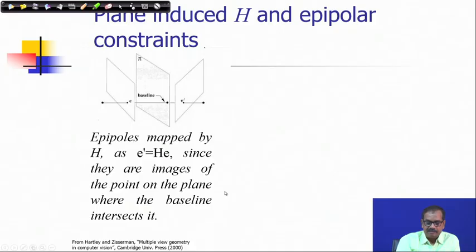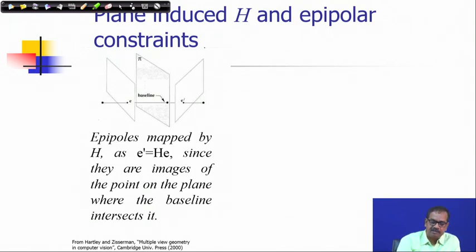So, these are certain facts of the stereo geometry. Once you have a plane induced homography, that means in this case the corresponding pairs of points are all formed from the scene points of a plane. That is explained by that form.